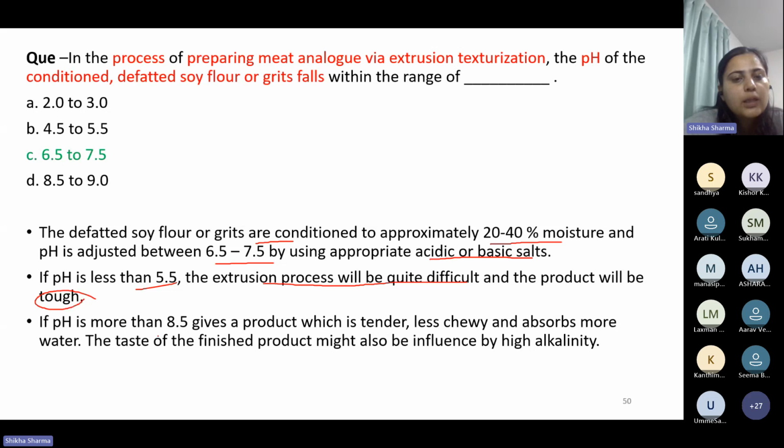If the alkalinity is very high, more than 8.5, then the product will become very tender, less chewy, and absorb more water, and the taste will also be influenced because of the high alkalinity. So we mostly take 6.5 to 7.5 as the pH.